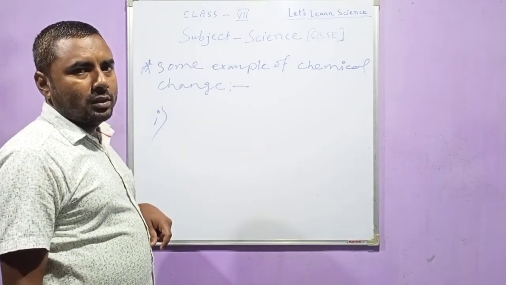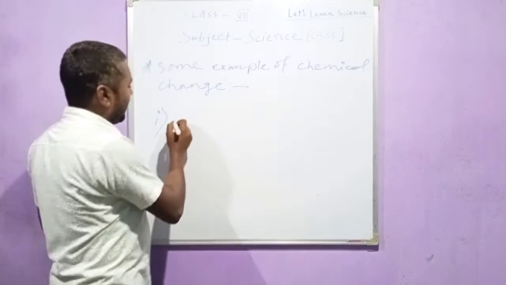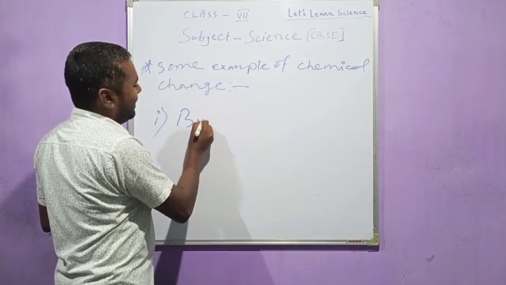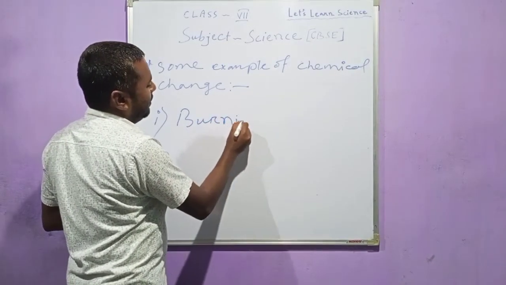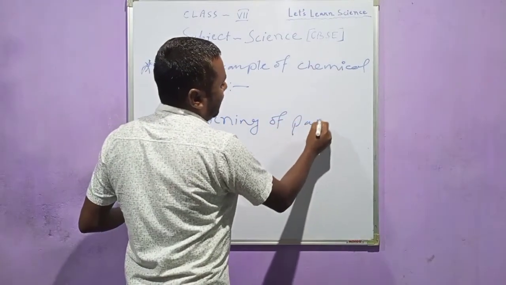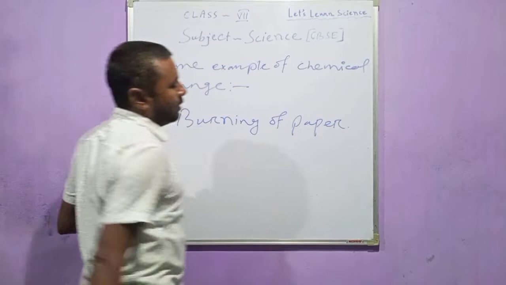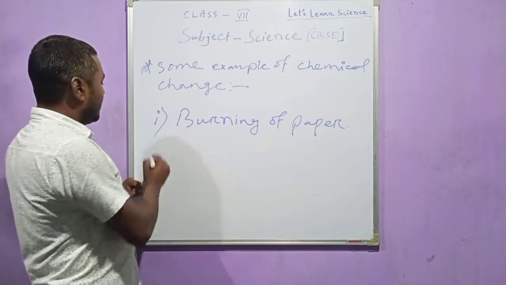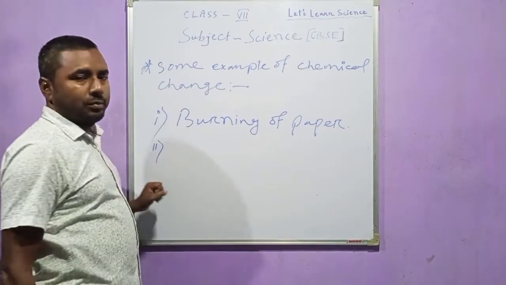Can you tell me one? Just now I have told you. That is burning of paper. Burning of paper is an example of a chemical change.